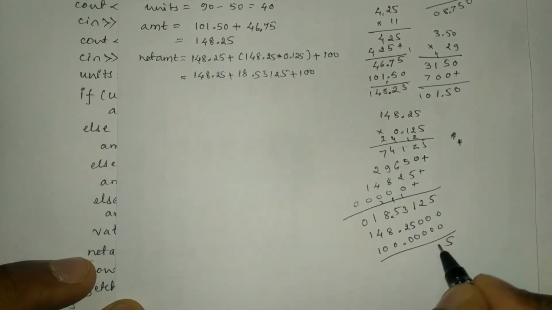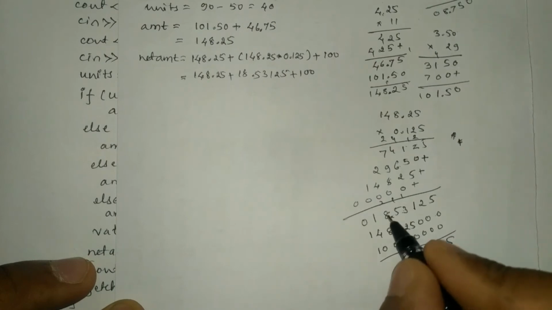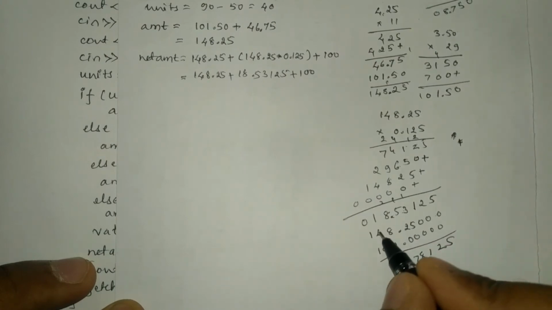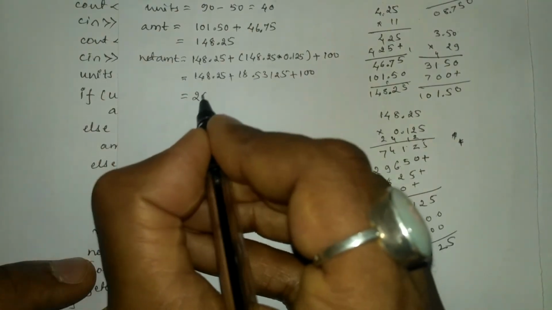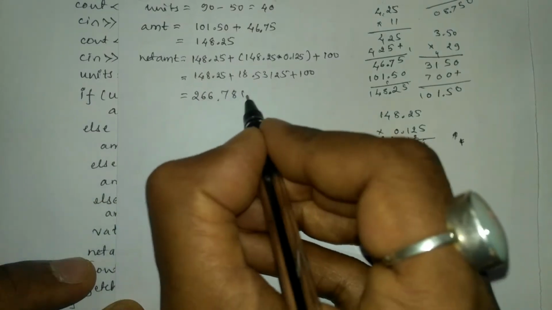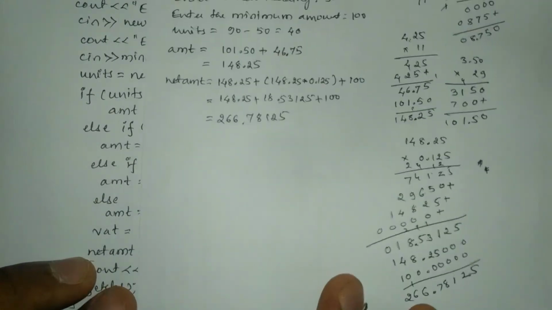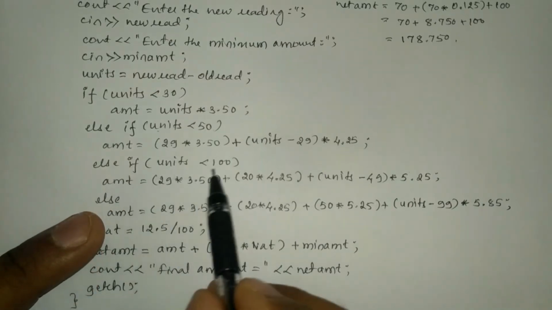So 5, 2, 1 and then 8, 7. 8 plus 8 is 16. This is 6, this is 2. So 266.78125.